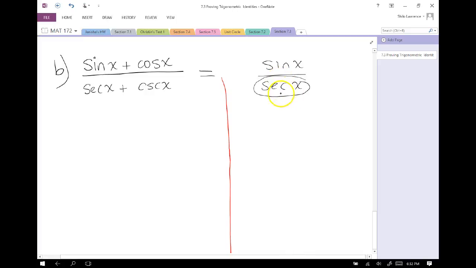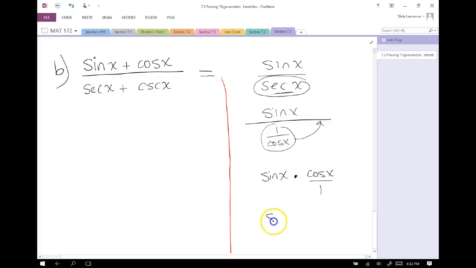Since secant is a reciprocal function, I can write this as sine x over, well, secant is 1 over cosine. And instead of dividing by a fraction, I can flip and multiply. So this is the same as sine x times cosine x over 1, which is just sine x times cosine x.